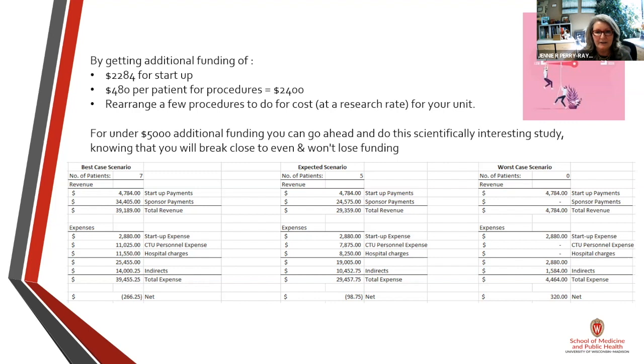If you expect to recruit 5 patients, you're still going to lose, but you're not going to lose much, and you're going to come closer to breaking even. So then you just have to make that decision. Is it worth it? If the PI is super interested in this and wants to do this, and we know that we have the patients, at least you know that you can move forward, and it's not going to be a tremendous risk. Next slide.